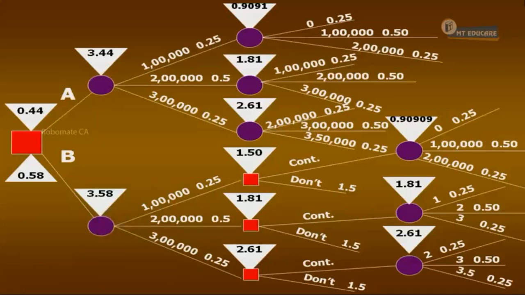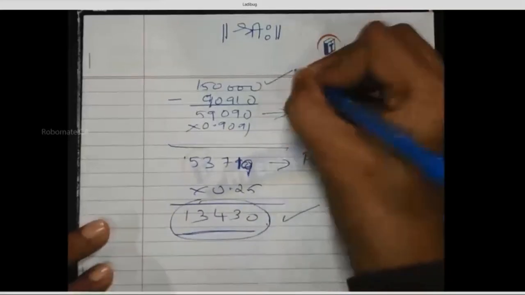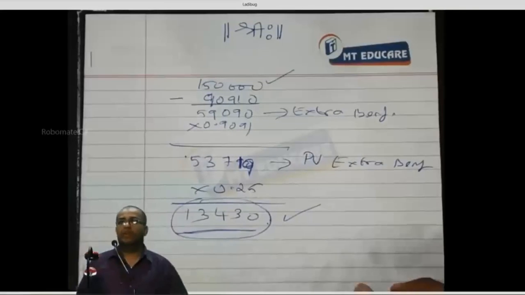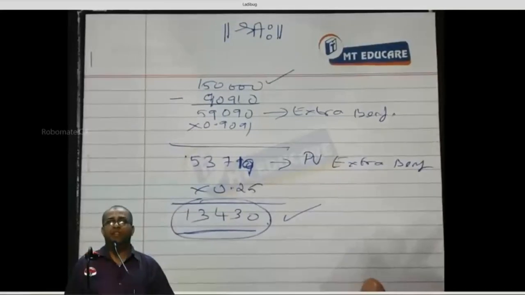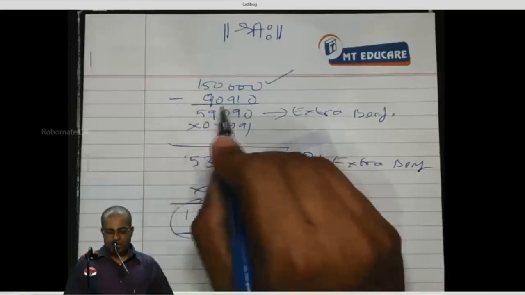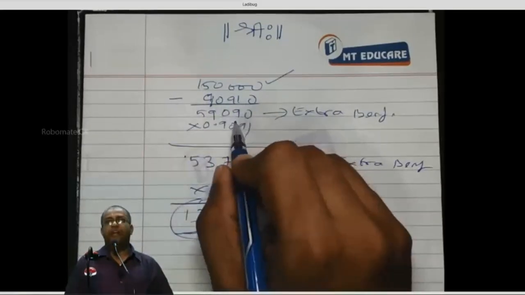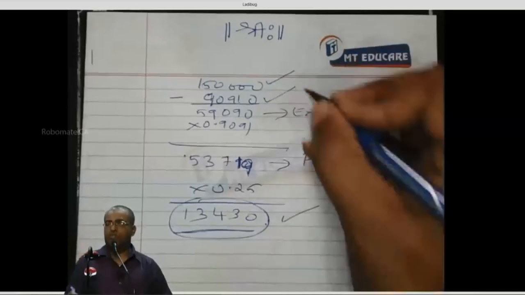Abandonment value 1,50,000. Expected cash flow from continuance 90,910.